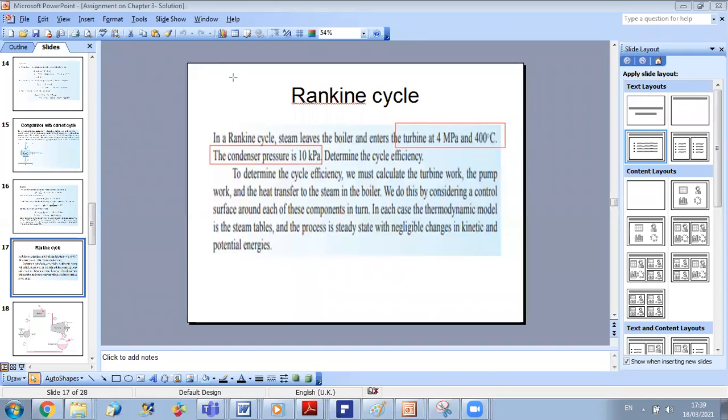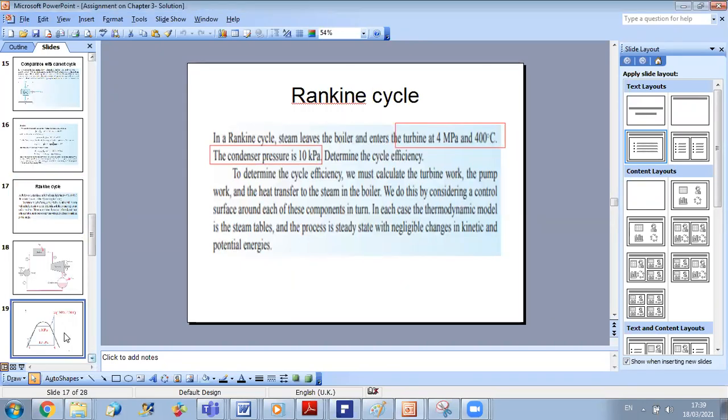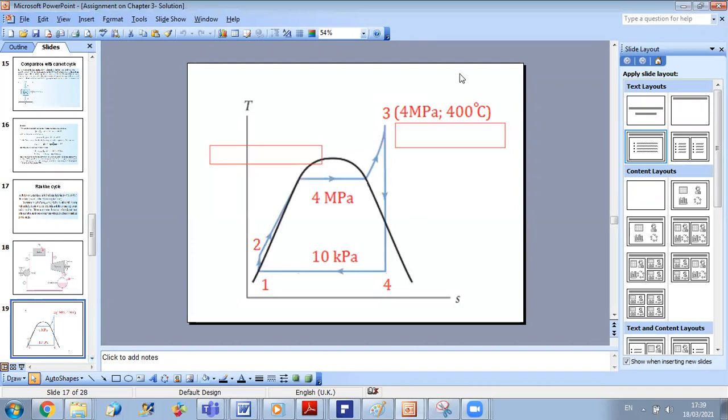So here we have a figure showing the conditions, okay? I just know that at the boiler level, the pressure is 4 megapascal. At the condenser level, I have the pressure of 10 kilopascal. And I know that at the inlet of my turbine, so point 3, this is the inlet turbine point and exit of boiler.